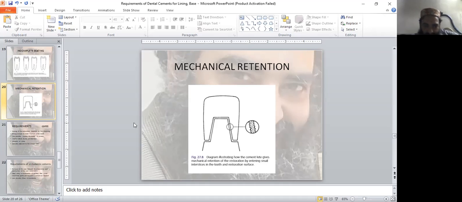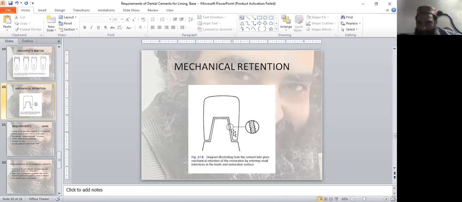So when we put our luting agent, it will hold the tooth structure, or will react with the tooth structure, or will have adhesion through these pores, you can say, or cavities, to the tooth structure.